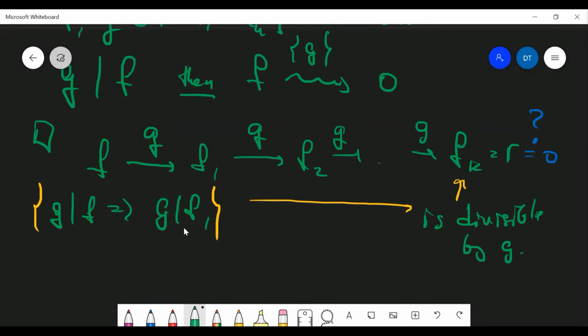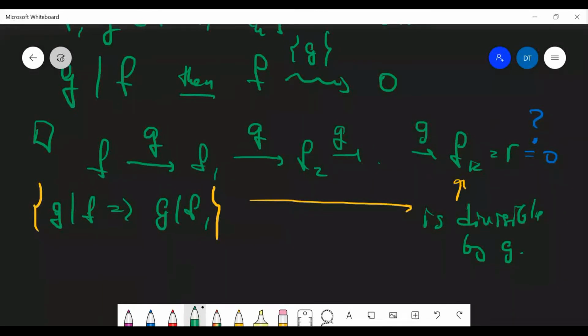Using this property, which I will prove in a second, we see that the remainder must also be divisible by g. But if a remainder is divisible by g, and if it's not 0, it must contain a monomial which is divisible by the leading monomial of g. So it's possible to continue the reduction.